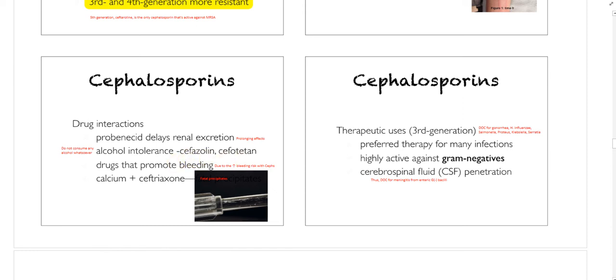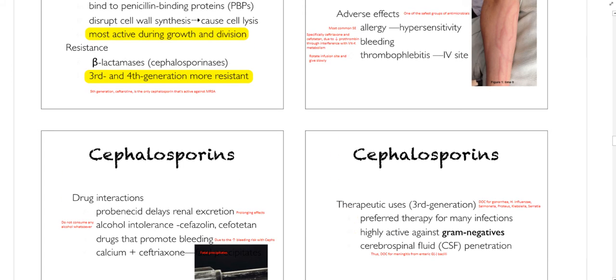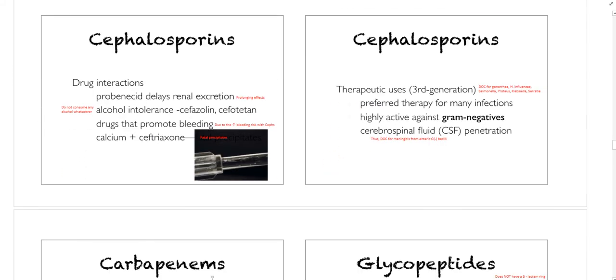With our ceftriaxone and cefotetan, we want to be aware that any other drugs that we take those medications with that promote bleeding can have a potentiated effect, leading to an even higher risk of bleeding.